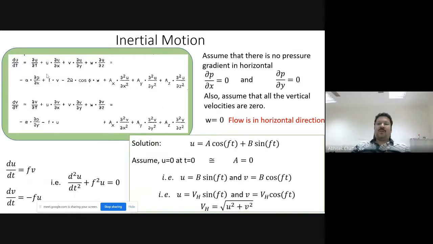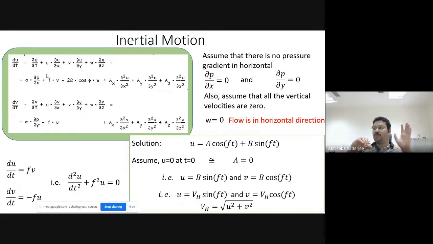So when you're talking about inertial motion, we are dealing with a motion which is, say for example, you have a wind that is blowing for some time. As the wind is blowing, it will act on the surface of the ocean, and the ocean will start to move in the same direction, in the direction of the wind field, isn't it?